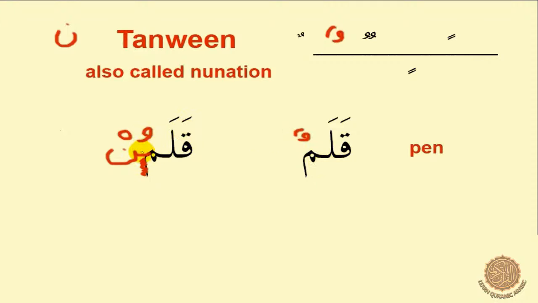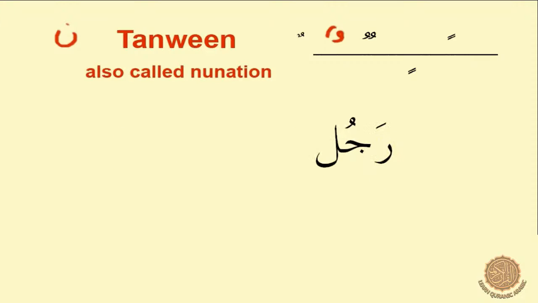Now, what does Tanween indicate? The main thing it indicates is indefiniteness. So here, qalamun would be a pen. So here we have the word rajul, which means man. Now, if we want to say a man, we put Tanween.